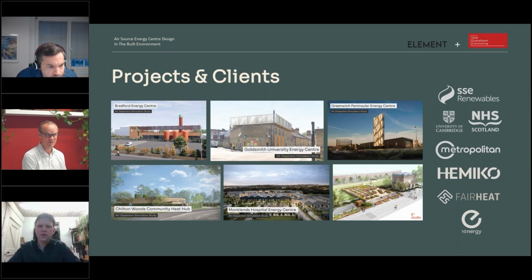So Chiltern Woods is built, for example, and operational. The hospital is in design and delivery at the moment. The project on the bottom right is particularly sensitive. Anyone with a keen eye for UK listed buildings might be able to find where it is, but it's incorporated into a very challenging landscape.